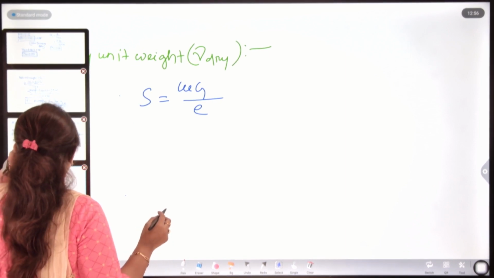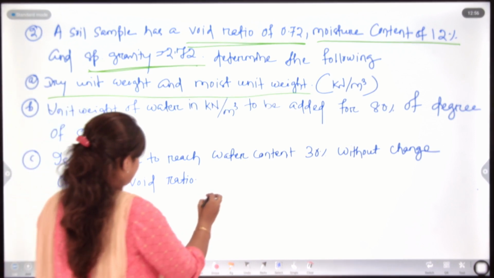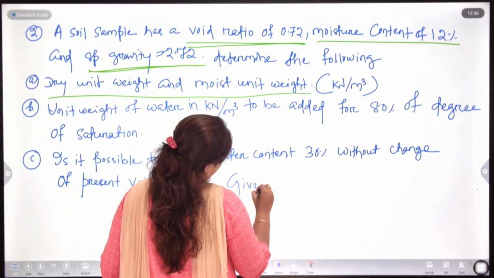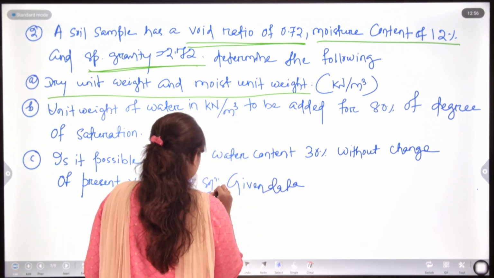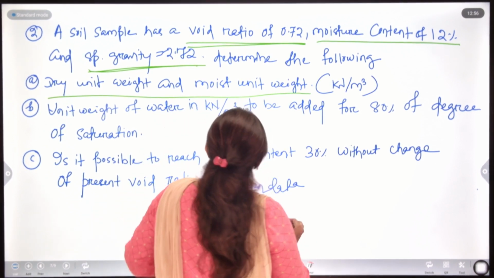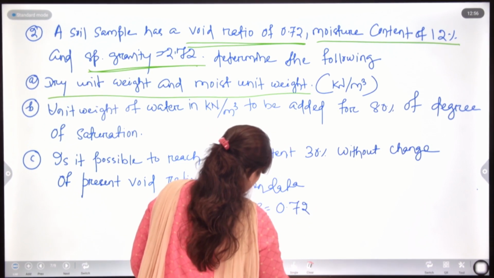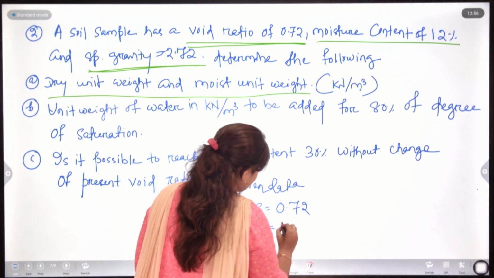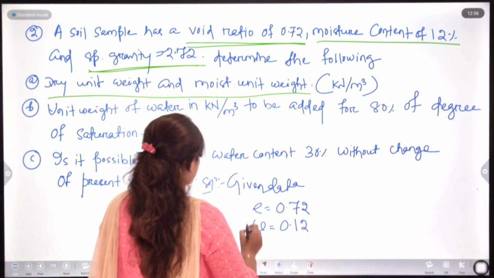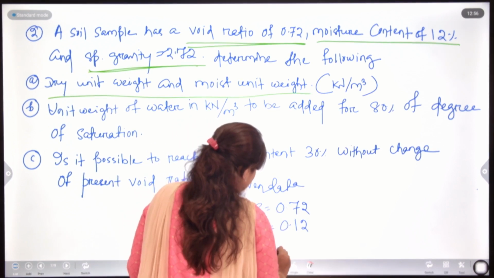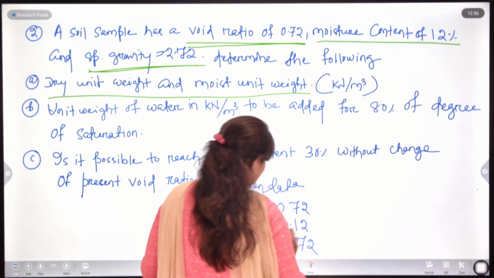First write some given data. Here void ratio denoted by e is your 0.72. Moisture content is your 12%, so we can write 0.12, and specific gravity, that is Gs, will be 2.72.